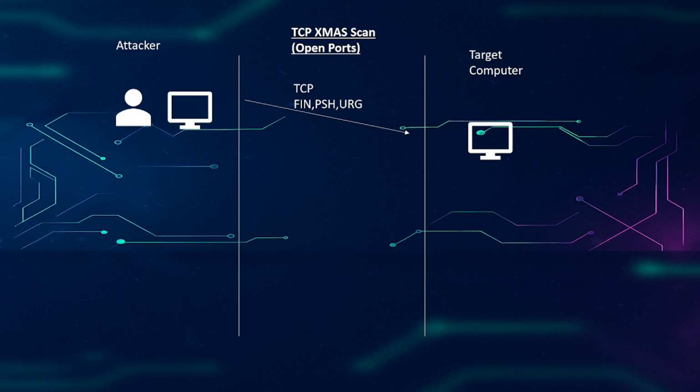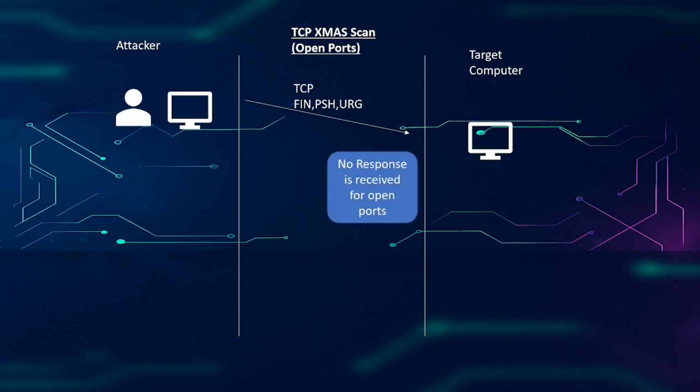So 3 flags are being set and they are sent to the target computer. And the target computer gives no response if there are open ports, because it is confused as to how to react to these particular flags. That is when Nmap comes up with the result saying that these are the ports that are open.